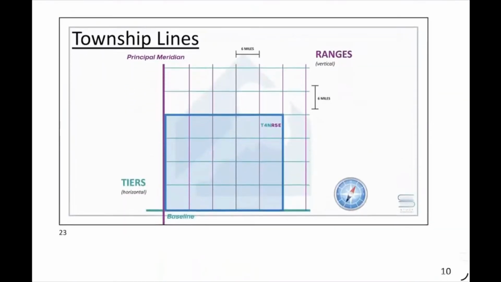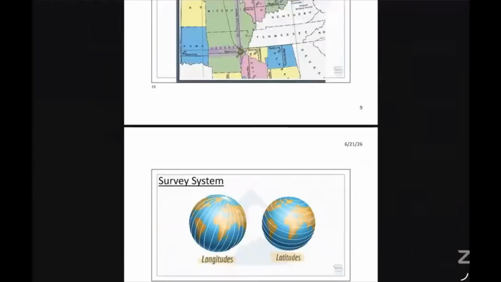So a township line, because this word township is key. You're going to have to know this word township. Remember, we've got those imaginary longitude and latitude lines, and we talked about our different sections.